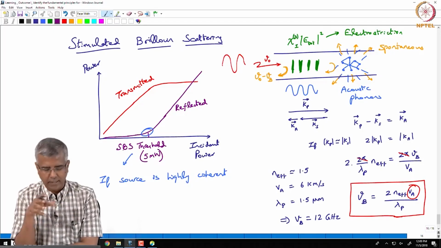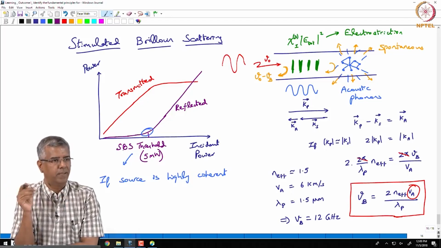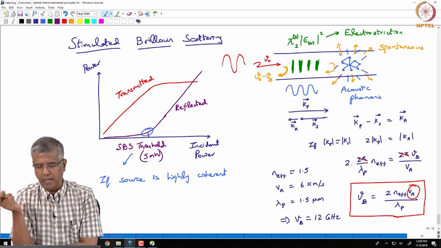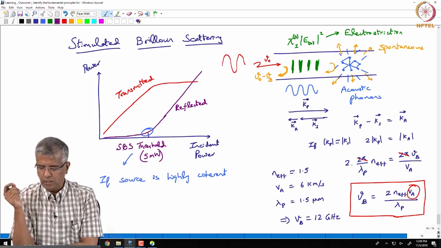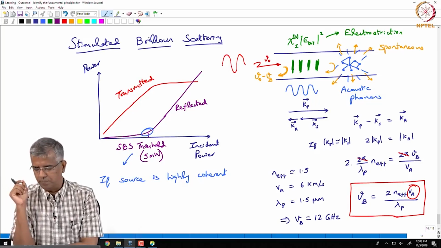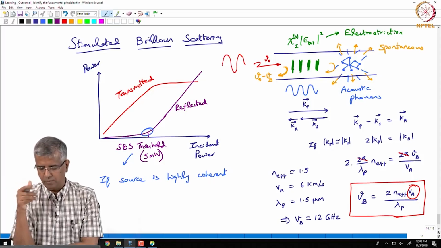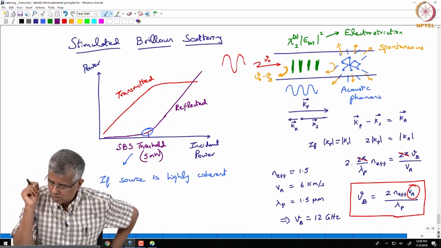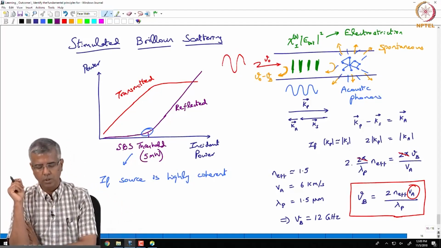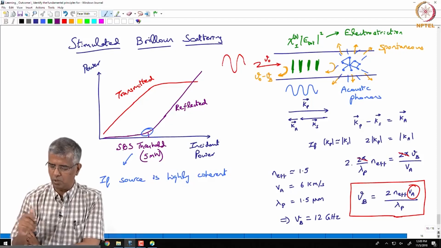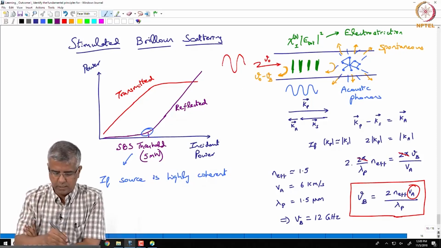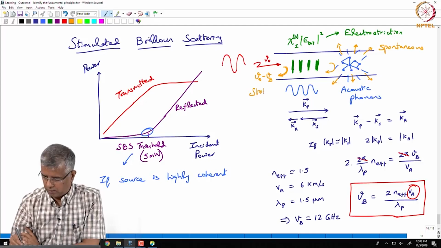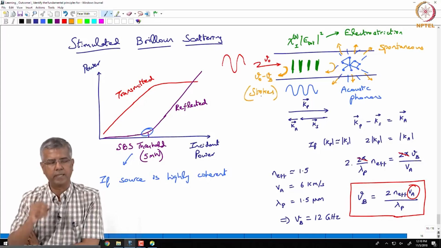So, spontaneous scattering is happening at any power level, but stimulated Brillouin scattering happens only beyond a certain power level, at which the grating that we are generating is strong enough that you have a large backscattering of the incident power into nu naught minus nu b, which incidentally is called the Stokes scattering.